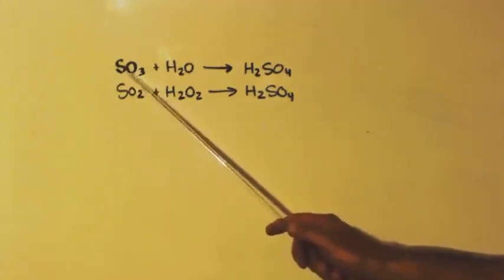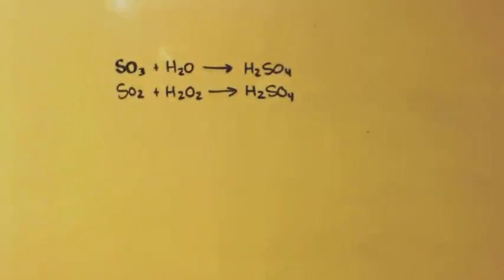And you bubble the SO3 into that, okay? And then you'll make oleum. And then all you have to do is dilute that with water to make it concentrated sulfuric acid again. That way, when you bubble it in, it's not violent like it is with this, okay? So keep that in mind.